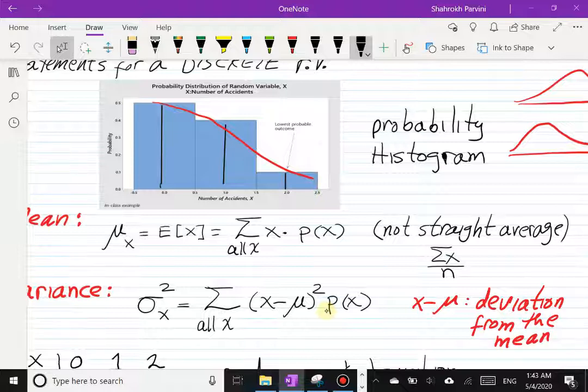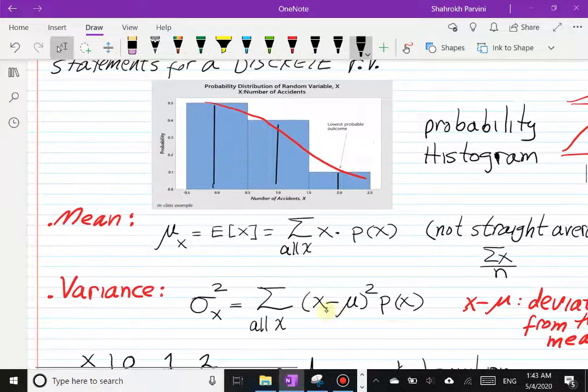It's the deviation of a single score from the overall mean of the, let's say, data. It could be the mean of the population or mean of the sample later on. And that's what that is. And when you square it, it becomes a mean squared deviation. And of course, for this one, we're going to multiply it by probability of x.